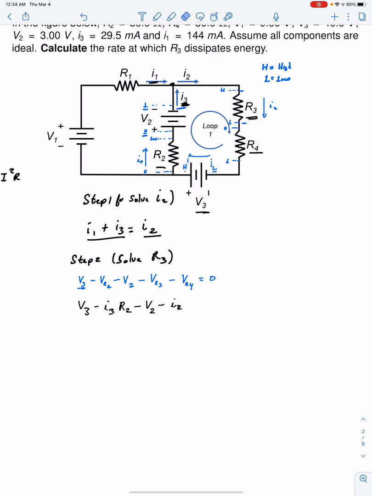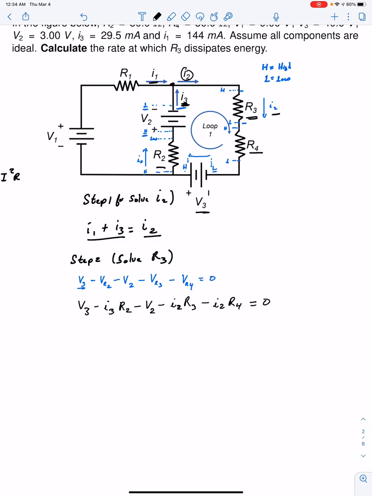Sorry, let me erase this. There you go, R3. And then again, minus I2 times R4. The reason again is because current 2 is taking over this section right here. All right, erasing this, and that all equals 0.